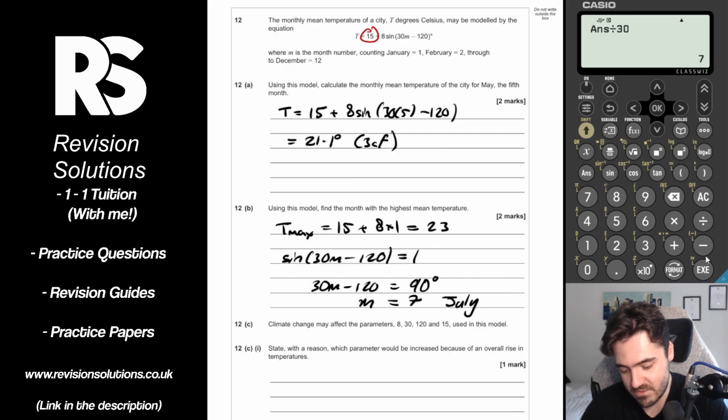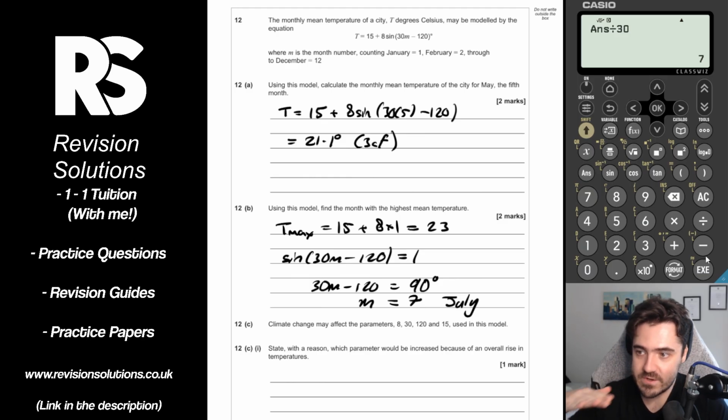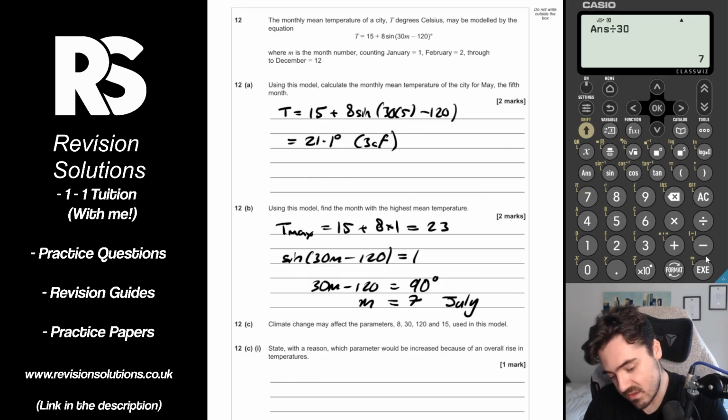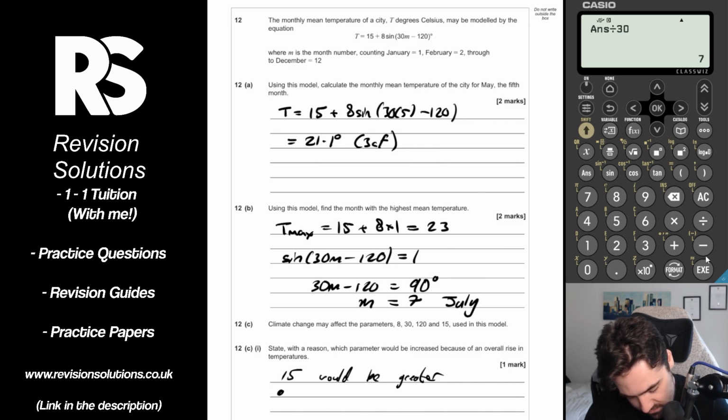So we're averaging 15 degrees and we're going 8 above and below, whereas if global warming's happening, that average temperature is going to continue to rise. I think the most obvious answer is that the 15 would be greater as the average temperature is increasing.